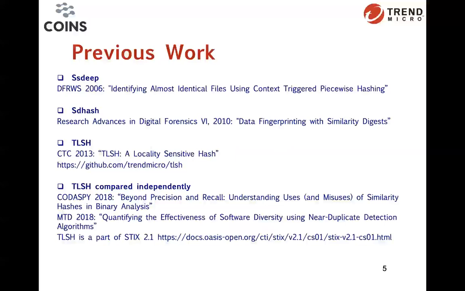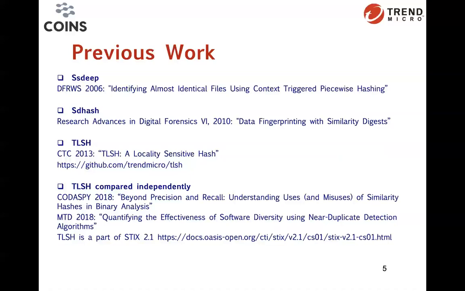Previous work in this area includes 3 similarity digests that have all been open sourced: SSD, SDHash, and TLSH. I provide the key references. There's been 2 recent studies, CODASPY 2018 and Moving Target Defense 2018, that looked at these and other similarity measures for security applications.